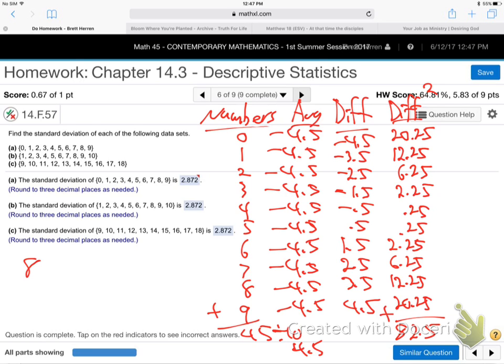Then you take the 82.5, divide by 10 numbers, and square root it. So 82.5 divided by 10, the square root of that is 2.872. Right. All right. Is that good?